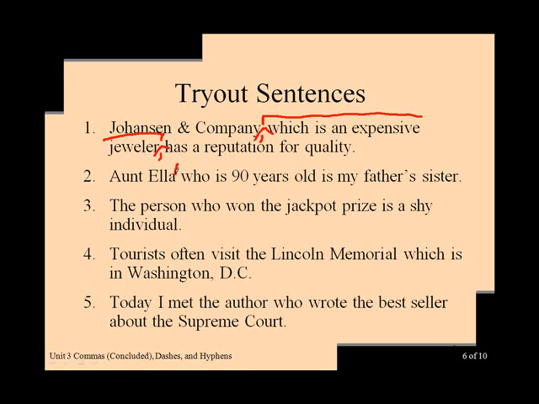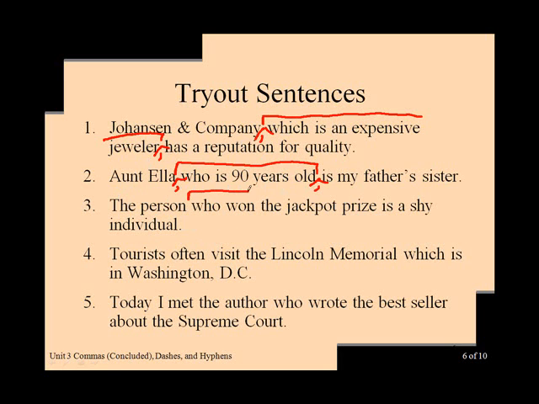Aunt Ella, who is 90 years old, is my father's sister. Let's see if we need this clause. Aunt Ella is my father's sister. Knowing that she's 90 years old is extra information about somebody we already know about, Aunt Ella. So that is extra information, not essential to know who we're talking about, so we'll put commas around it.